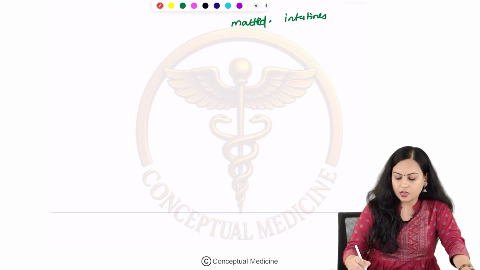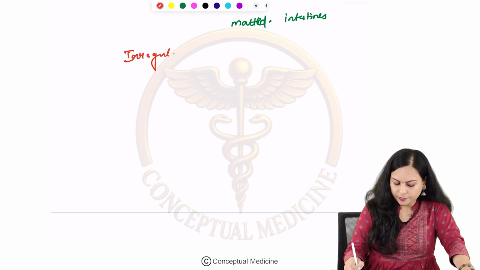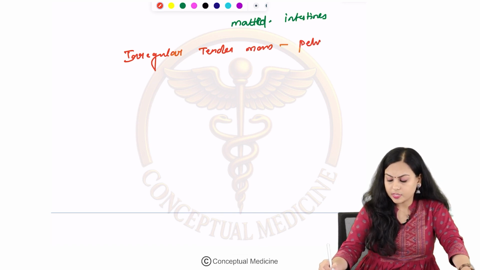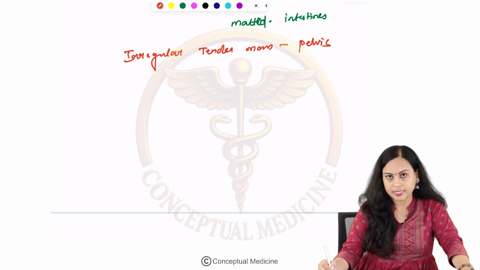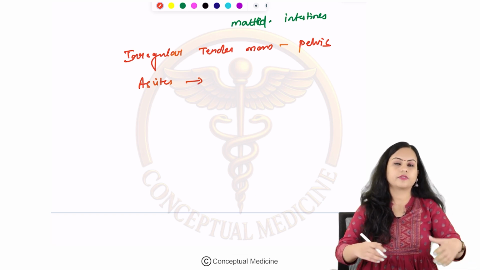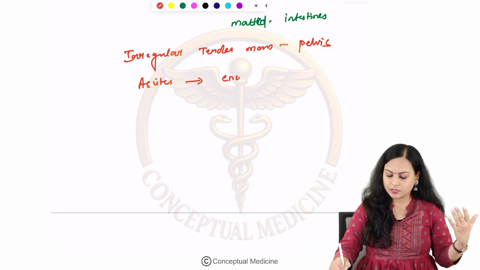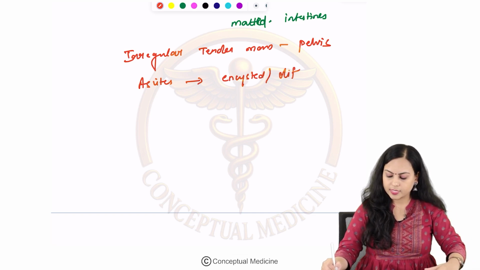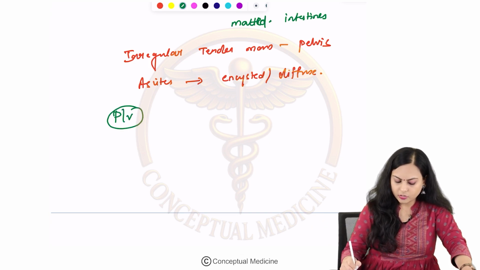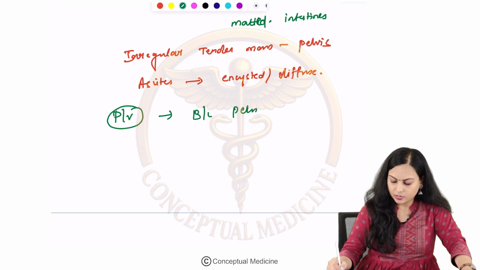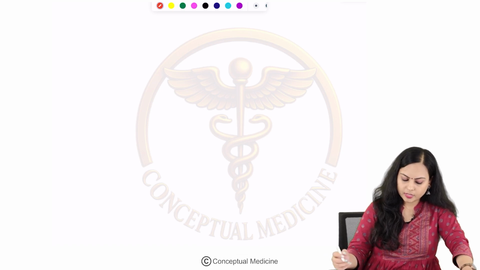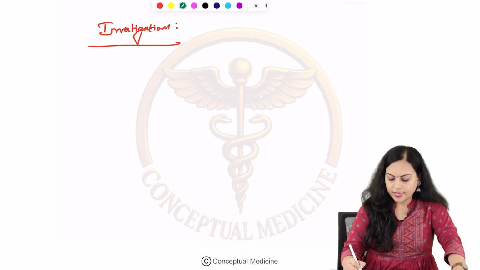Irregular tender mass that is seen arising from the pelvis can also be felt during abdomen examination. Ascites, which can be diffuse or encysted, can also be seen. Okay? And while you do a pervaginal examination, you will be able to see bilateral pelvic mass of varying sizes. Clear? Okay? Right.